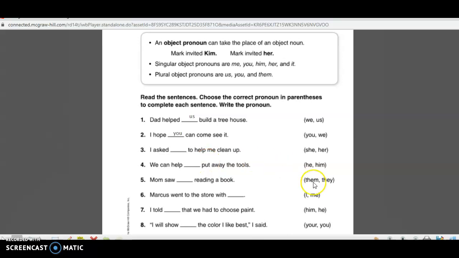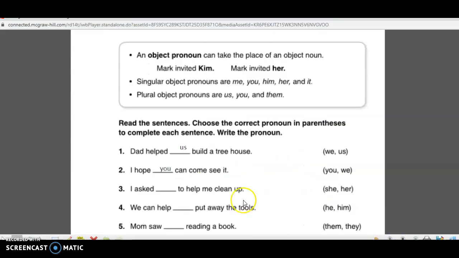When we go to number 3, I'm going to have you use your interactive notebook. For number 3, I asked blank to help me clean up. Is it going to be she or her? Remember, we're not replacing the subject. The subject is I. The predicate is asked blank to help me clean up.